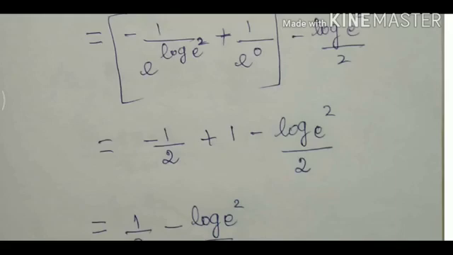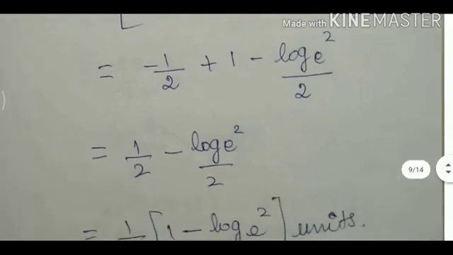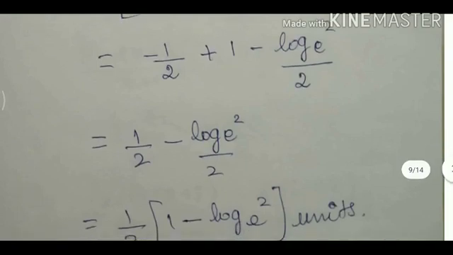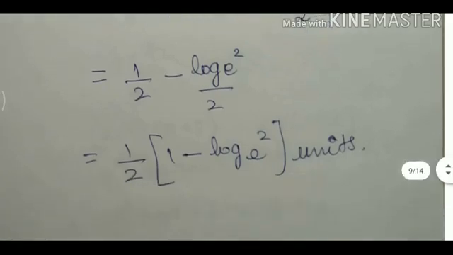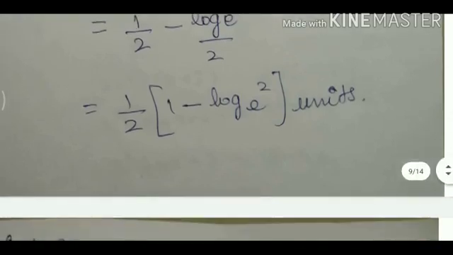So our answer becomes 1 by 2 minus log 2 by 2. Taking half as common, half into 1 minus log 2 units. That is the value of consumer surplus.